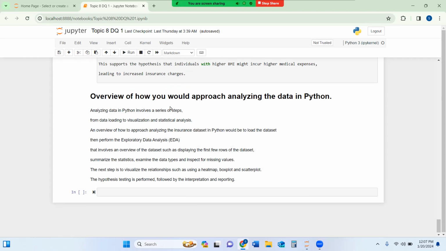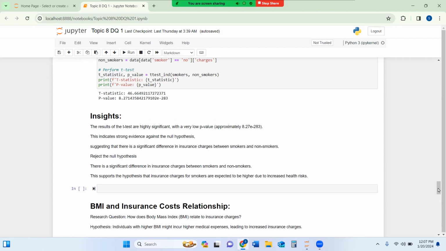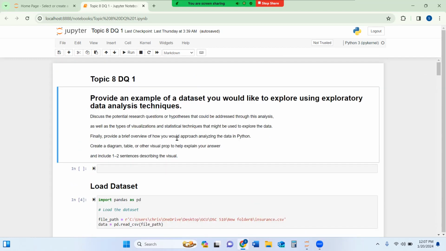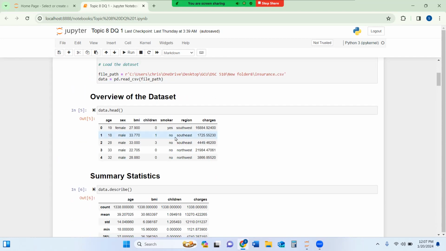And this is the overview here of how I would approach the analysis using Python. These are the steps of the approach that I will use. First, I will load the data set.